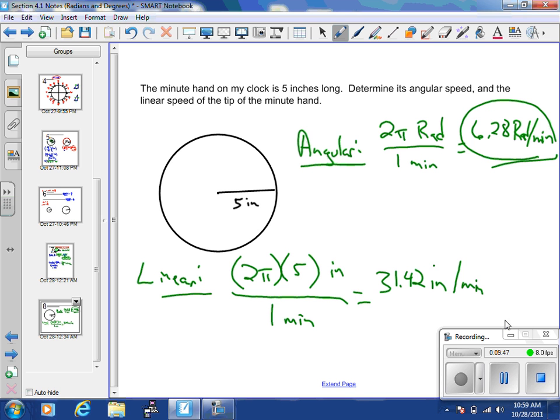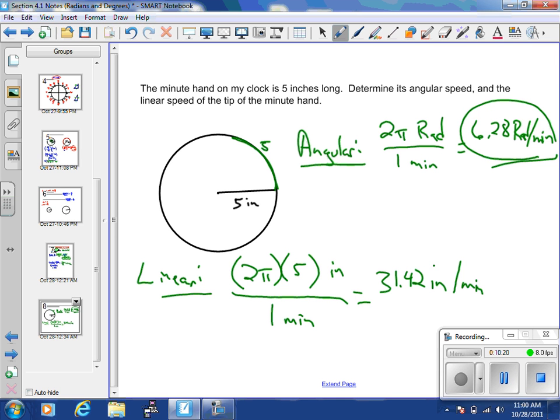If the radius of the clock is bigger, then obviously the linear speed increases. If it's smaller, it decreases. And keep in mind that I told you at the beginning that there's approximately 6.28 radians in a full circle. And a radian is the angle formed by wrapping the radius around there. So it would make sense that there's about 6 times 5, or 31.42 of those in a minute. So that's a couple examples.